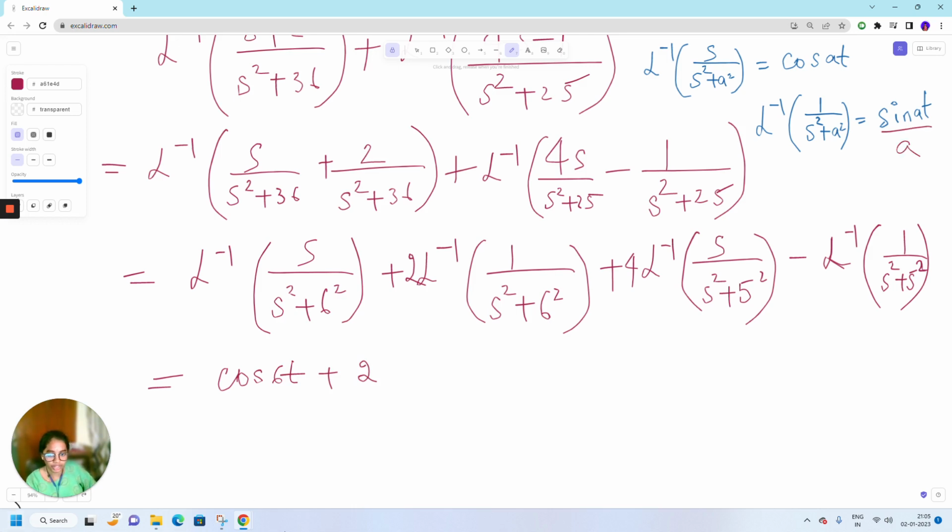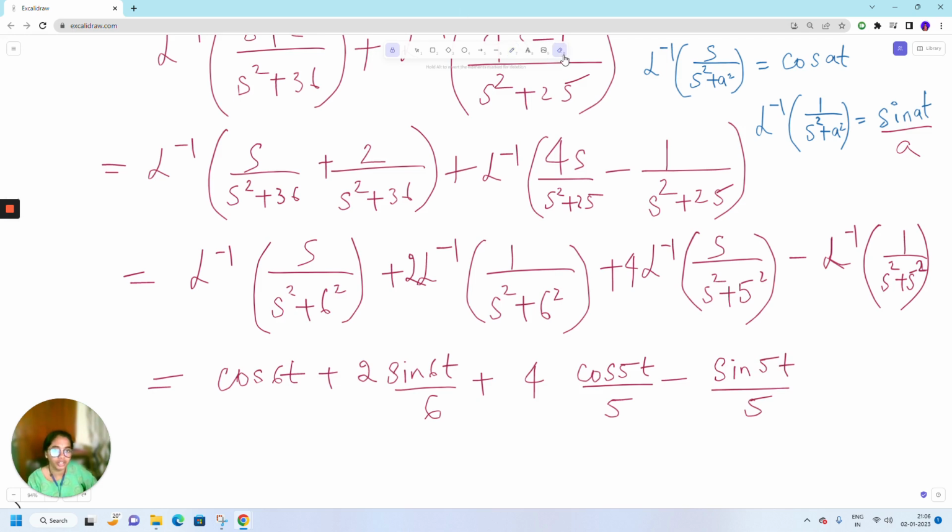So I would have to write sin 6t divided by 6 plus 4 into cos 5t, minus again sin 5t divided by 5. Here we wouldn't get divided by 5, right? Let me erase that. Observe the formula. We don't have divided by 5 for cos at.